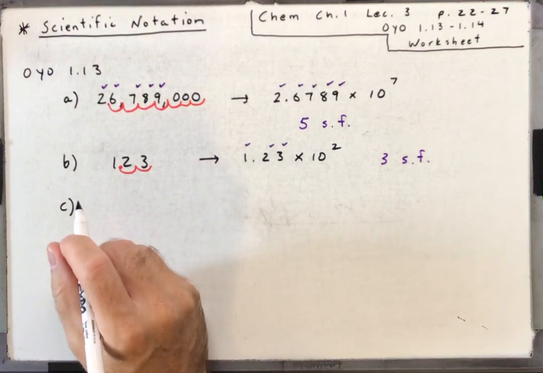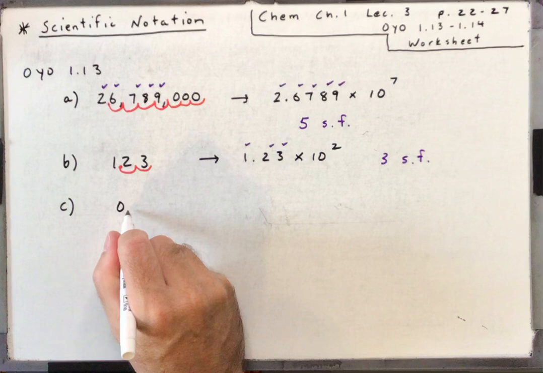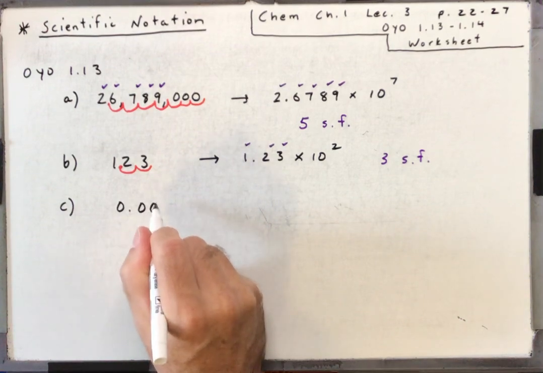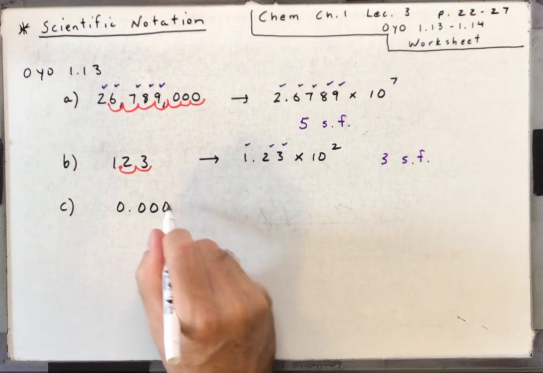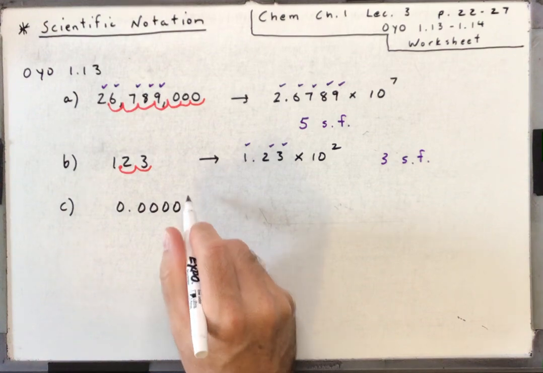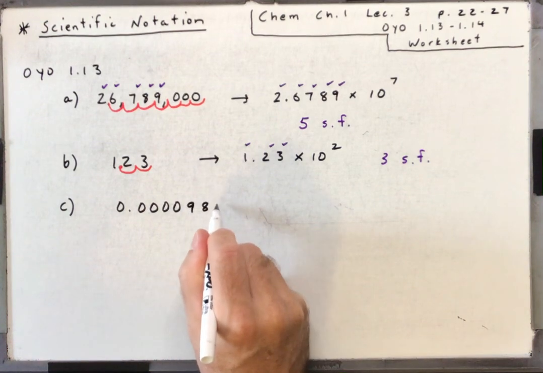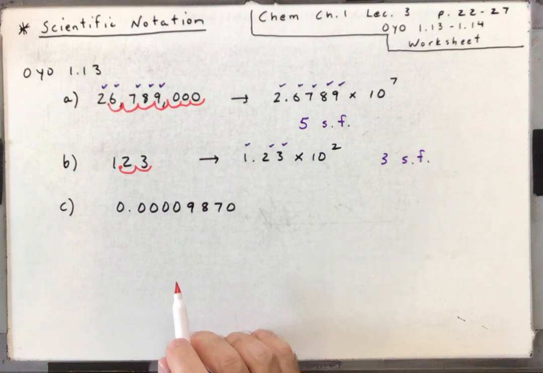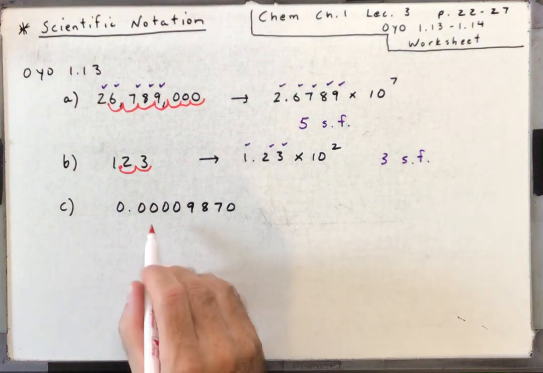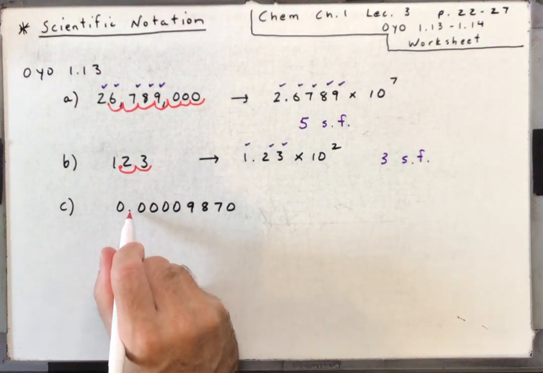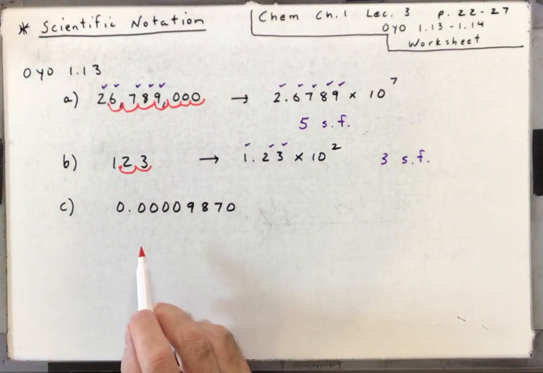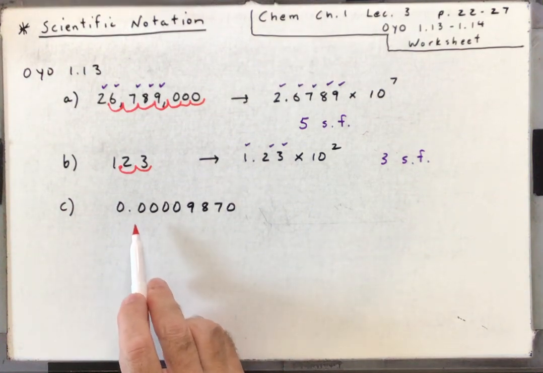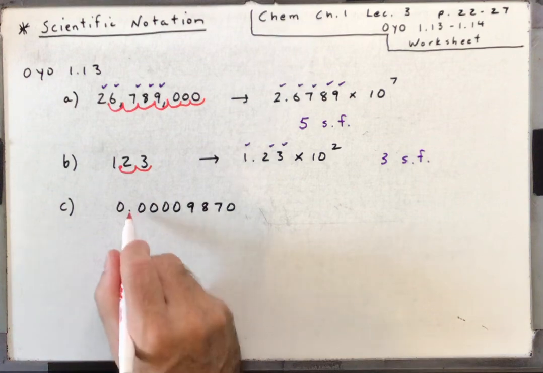All right. Part C, we have 0.00009870. Okay, this time our exponent is going to be negative because our starting number is less than 1. Okay, so we're going to go to the right now, and we're going to stop our decimal after the first non-zero number.